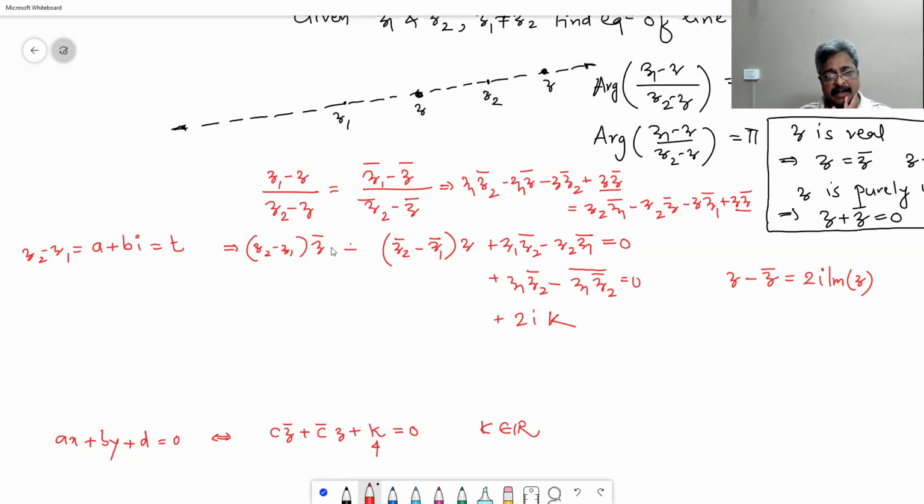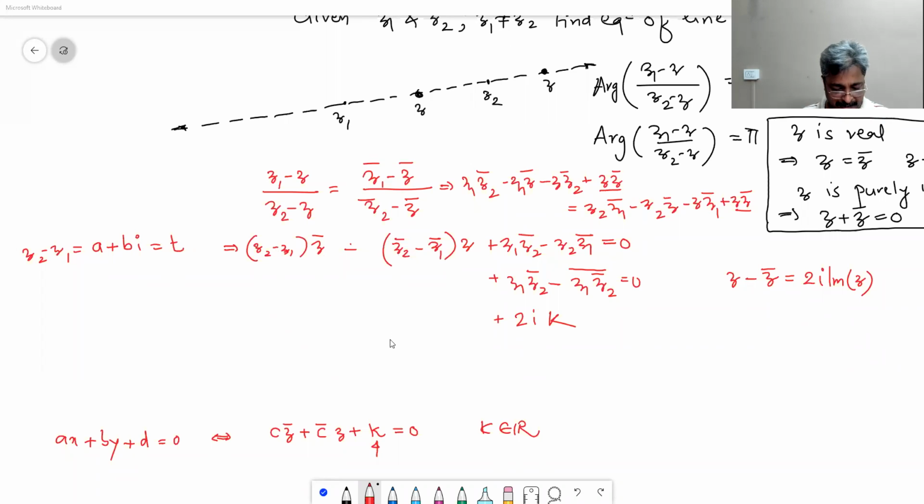Then this is t z bar minus t bar z right now. I am going a bit slow, understanding as I go, but everyone follows, right? This is z2 minus z1. I am assuming it as a plus bi, which I will represent by t. Then I would like to find out what z2 bar minus z1 bar is.